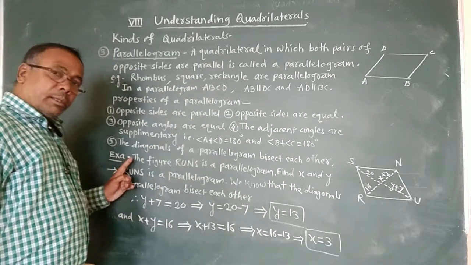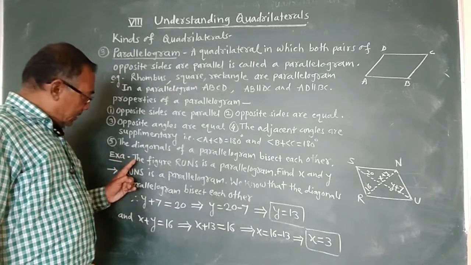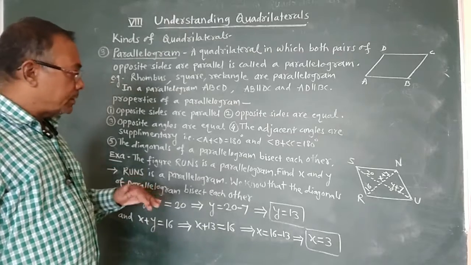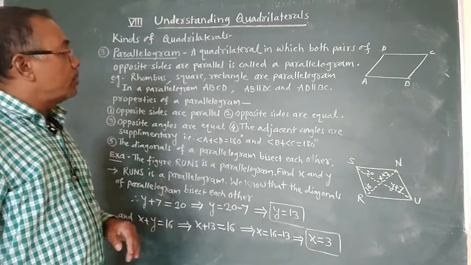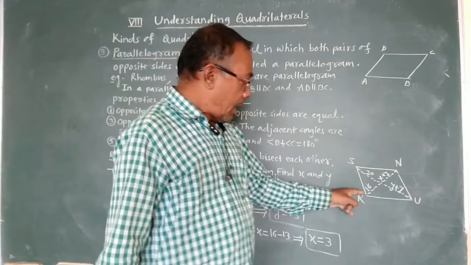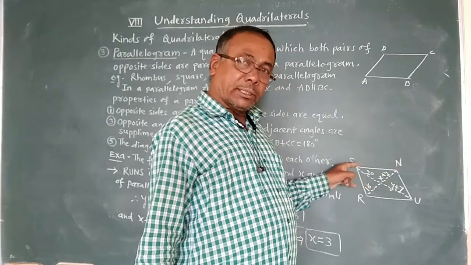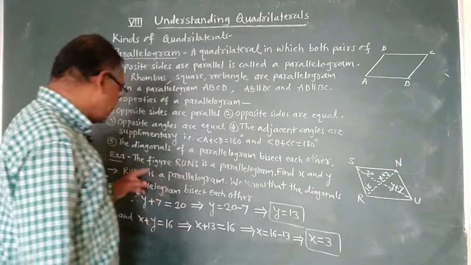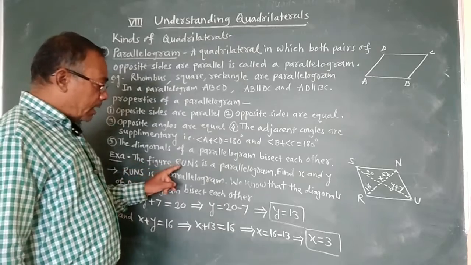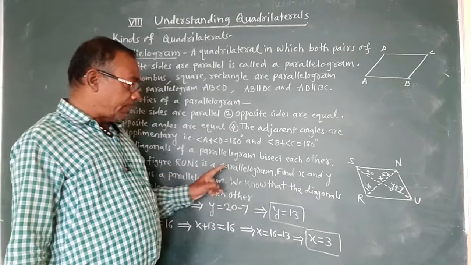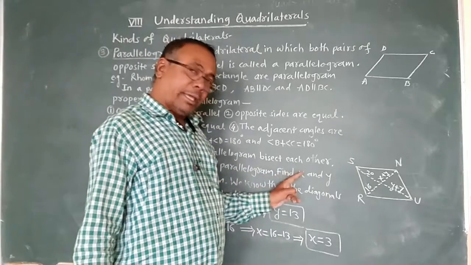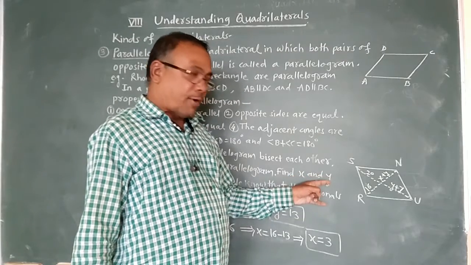Here we will see one example which is based on the properties of the parallelogram. The example is given that in the figure RUNS is a parallelogram. Find x and y.